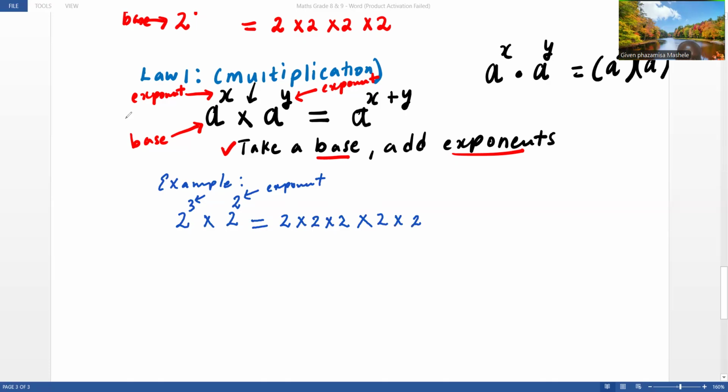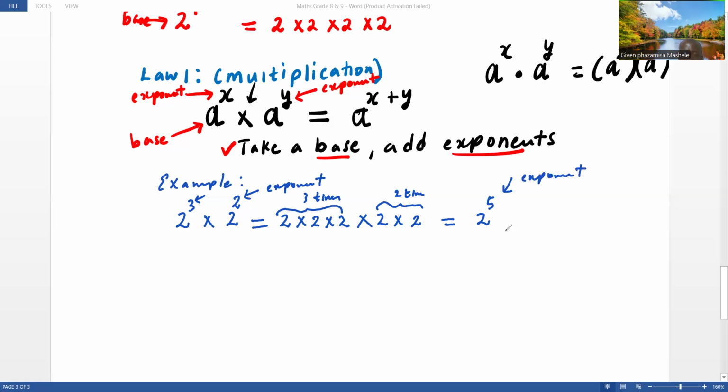So this one tells us to repeat it 3 times, and this one says repeat 2 times. But you see that we are still using the same numbers, 2 by 2 by 2 by 2 by 2. How many times can we repeat this number as a whole? 1, 2, 3, 4, 5. So it's the same as 2, 5 times. You see that this is now an exponent.